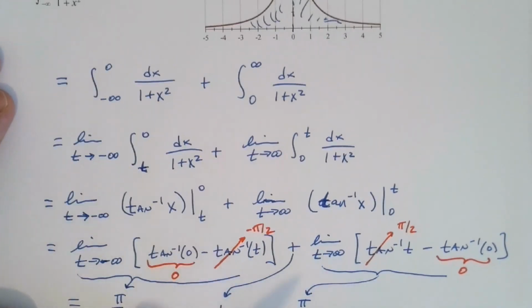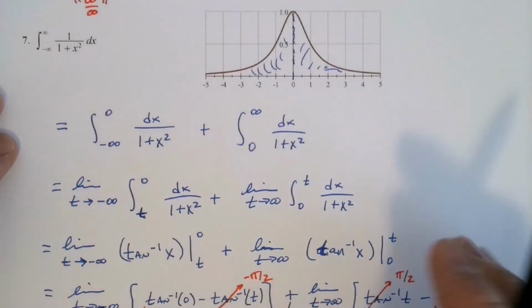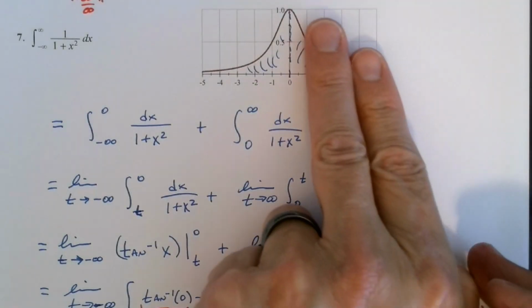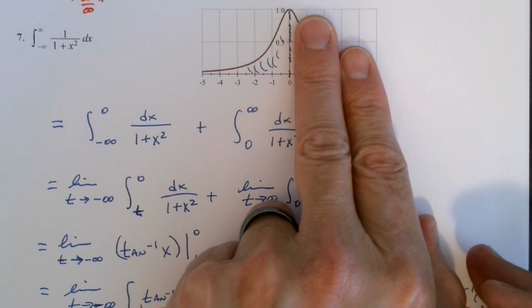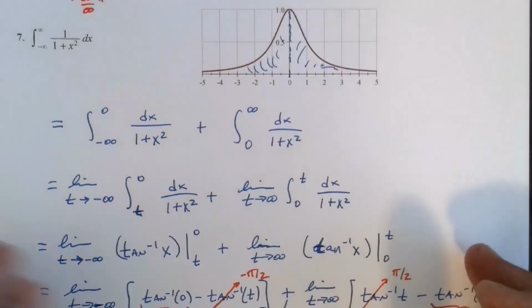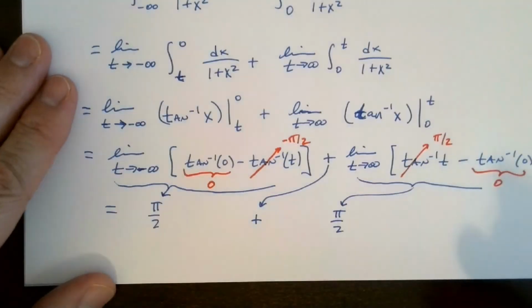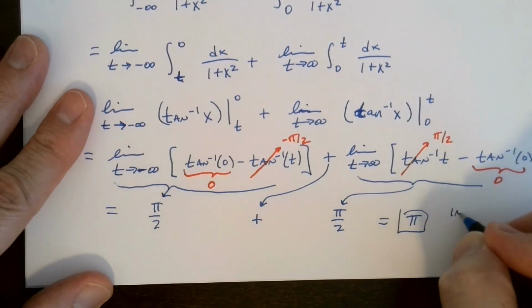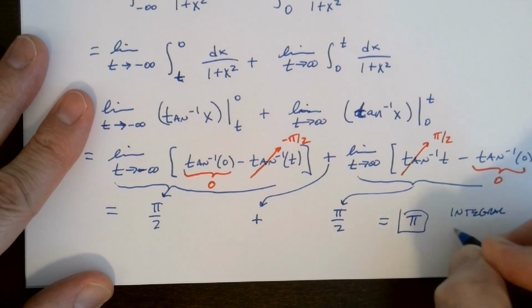In fact, the pi over 2 is the area under the curve from 0 to infinity, and by symmetry the same is true for the area under the curve for values less than 0 all the way to minus infinity. Of course, pi over 2 plus pi over 2 is just pi. And so the original integral converges.